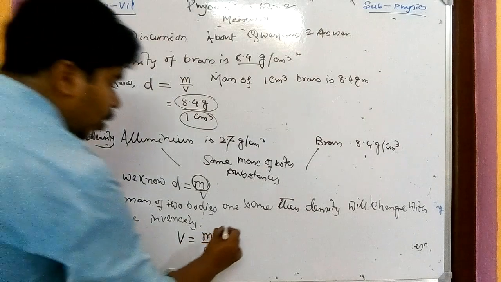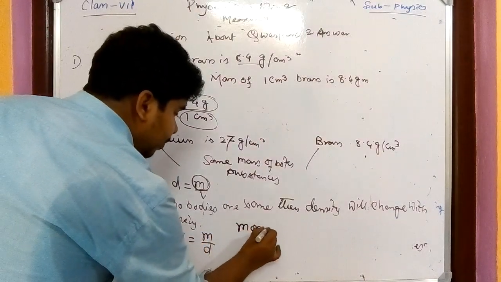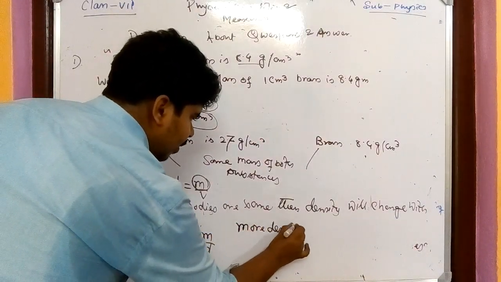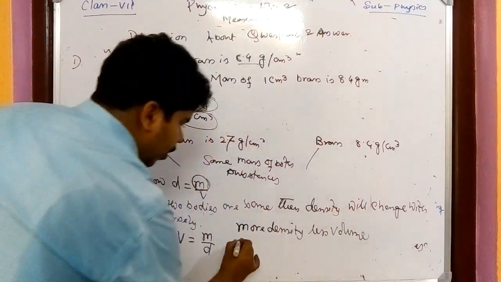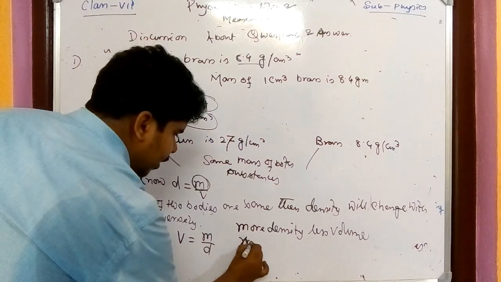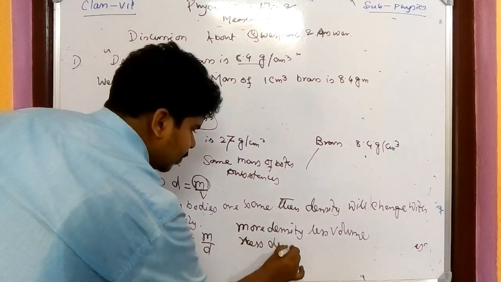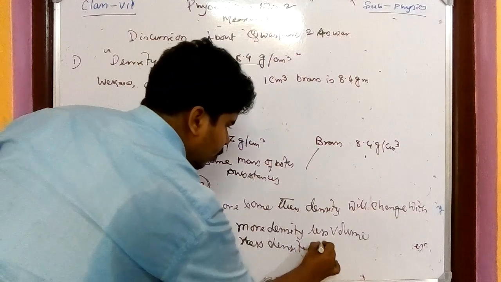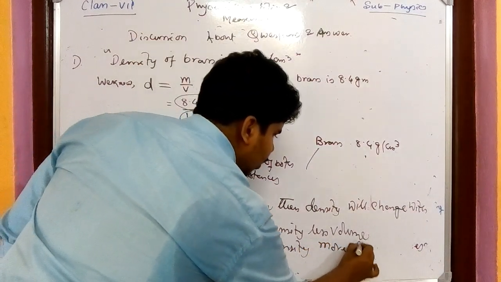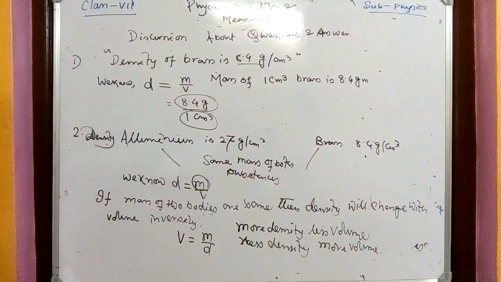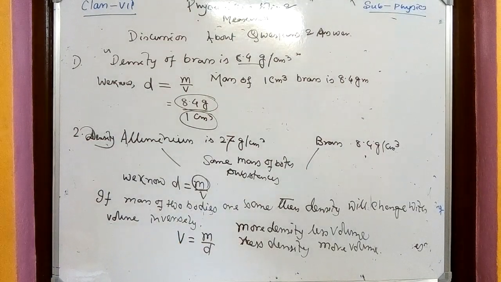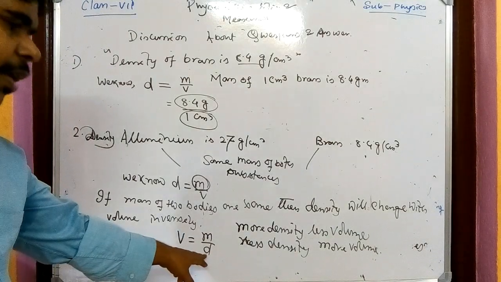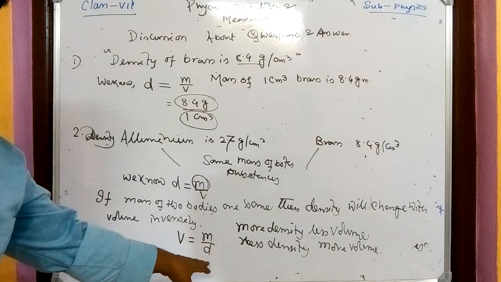So more density, less volume, and less density, more volume. Now you can say, sir, where has it come from? If I am going by this equation, volume equals mass by density, if density is less, the denominator is less.